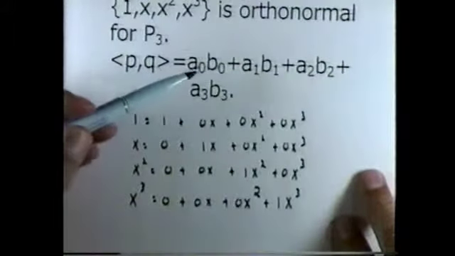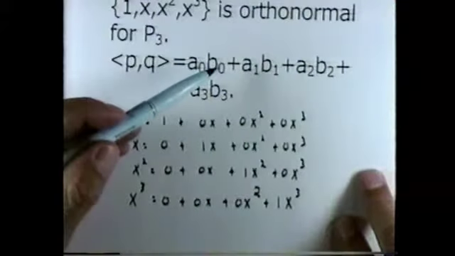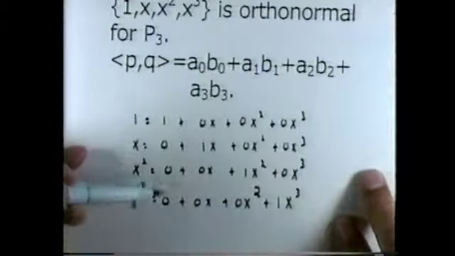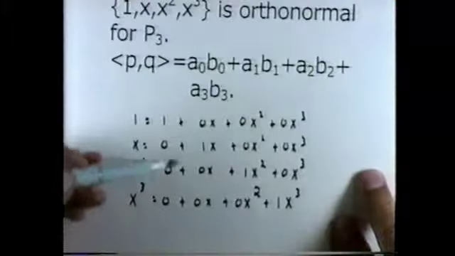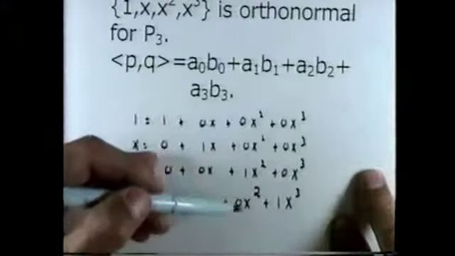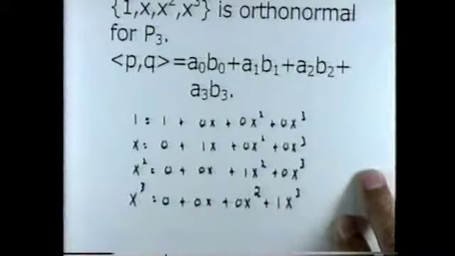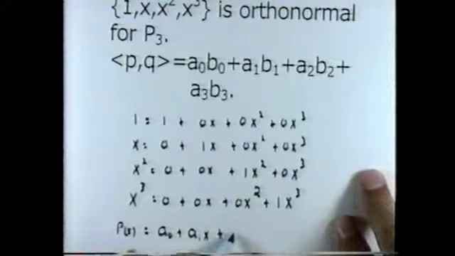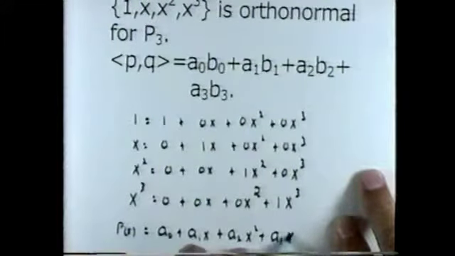My inner product is defined to be a0 times b0, so this would be the a0 term, this would be the a1, a2, a3, and so forth, with the general idea that a polynomial p of x in general would be a0 plus a1 x plus a2 x squared plus a3 x cubed. So we're assuming this would be a general polynomial within the set.